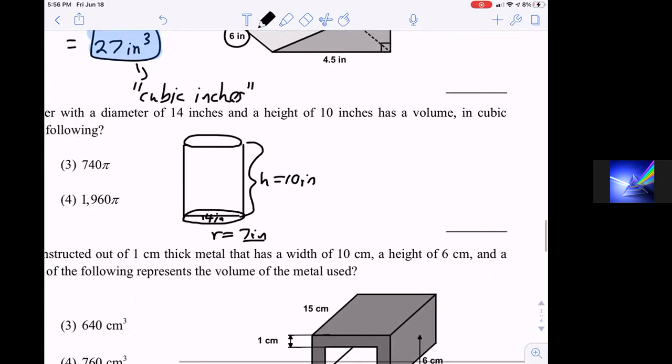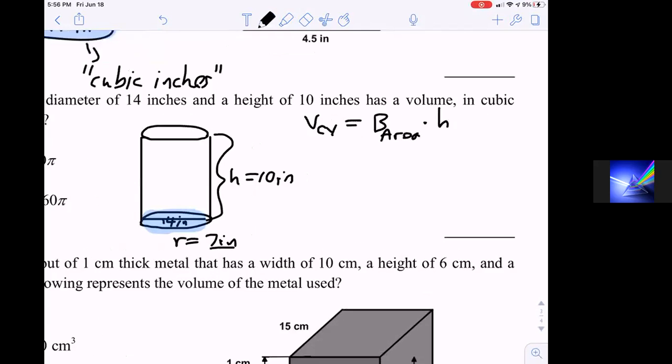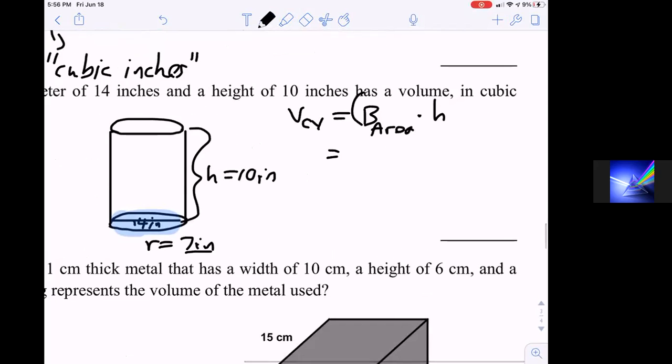So the volume for a cylinder, which I'm going to call V_cy, is the same: the area of the base times the height. But now the area of the base is a circle, so you're going to multiply the area of the circle times the height, or the stack of circles. So the volume becomes pi r squared times h.